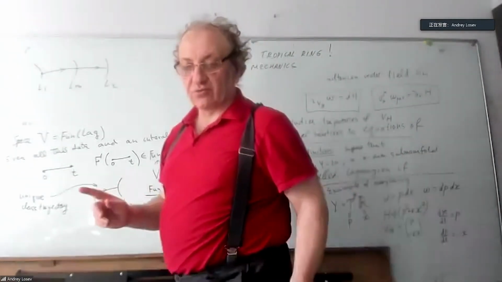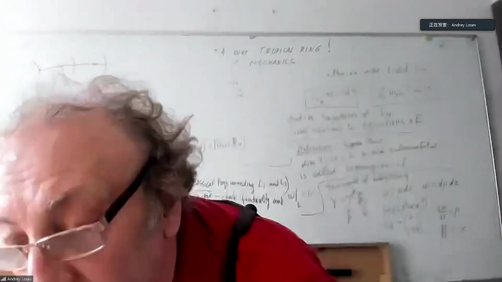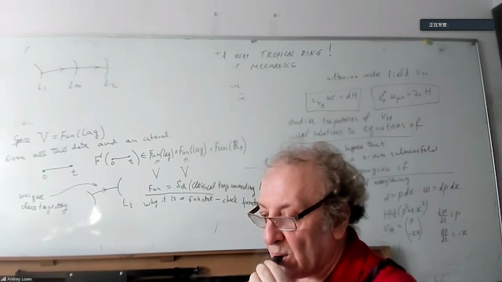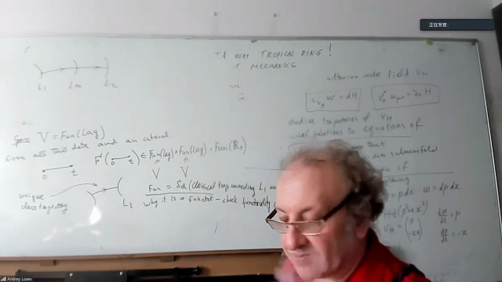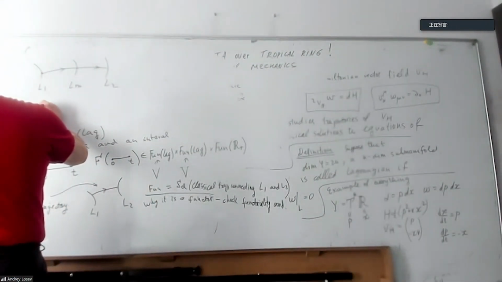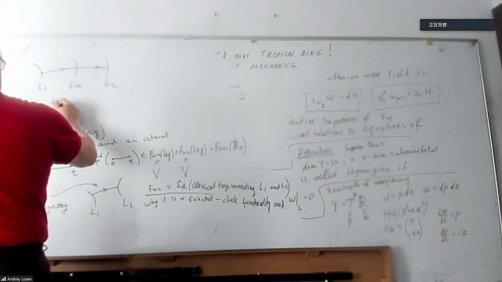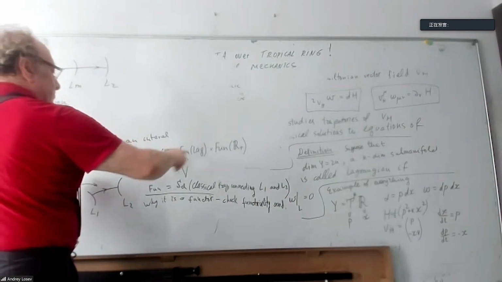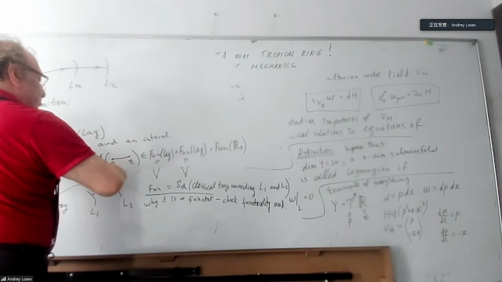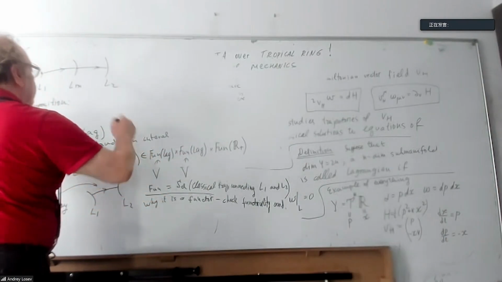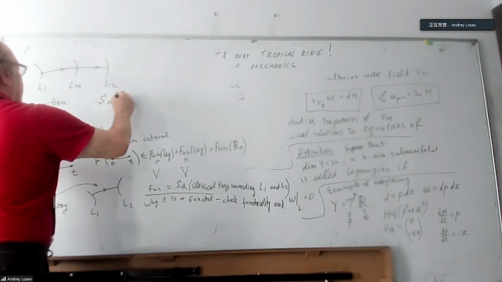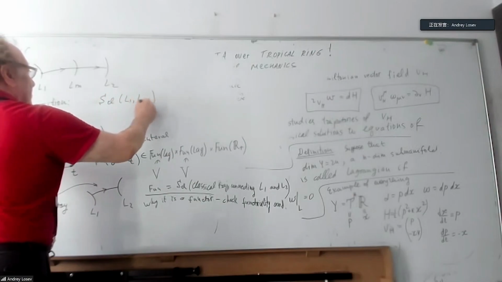So really, so am I right or not? I need to define composition. Because S classical, L1, L middle is one thing.